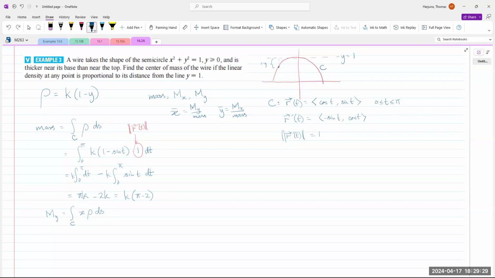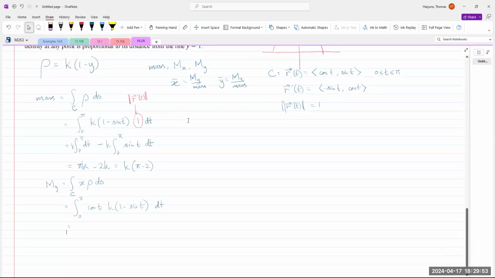Now I plug in the setup. That's 0 to pi. x becomes cosine t, rho becomes k times 1 minus sine t, and then 1 dt, right?